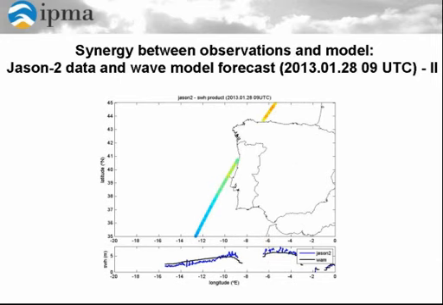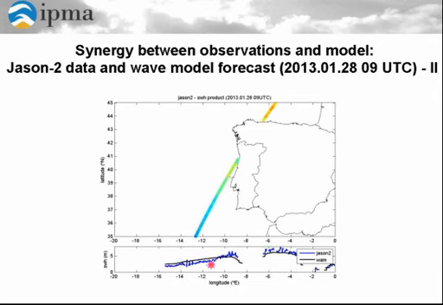Yes. So we will focus on our region of interest, that will be Nazaré. But here we have Portugal and Spain. You can see here in more detail the differences between the model and the observations, which is the WAM and Jason-2.